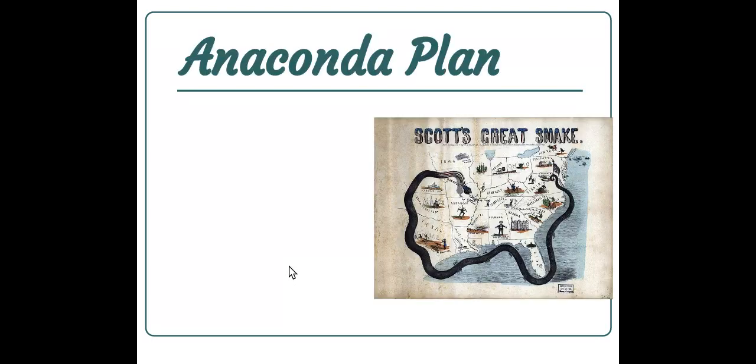All right, so last thing to talk about is how are we going to defeat the South? How are we going to get them back into our Union? And so there is a plan that is going to develop. It's going to be known as the Anaconda Plan. You can see from the visual, an anaconda is a huge snake.